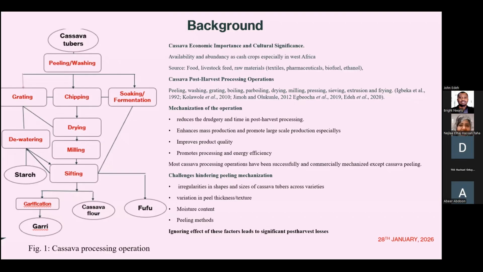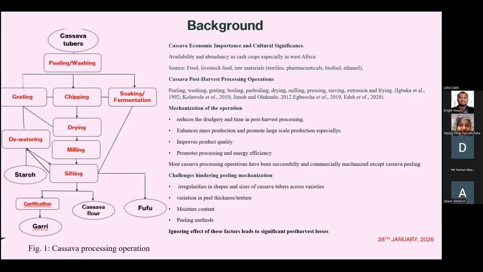Okay. And cassava is mostly cultivated in West Africa. What cassava is to West Africans is like what Matoke green banana is to East Africa, where I currently work.